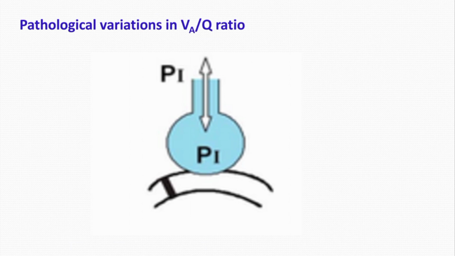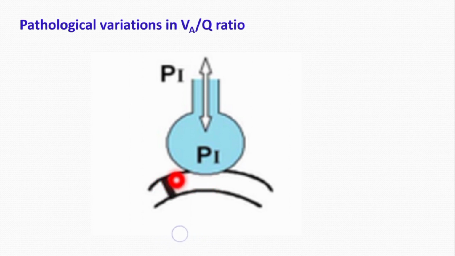Now we will talk about various pathological or diseased variations in the ventilation perfusion ratio. Now one scenario is that there is pulmonary thrombosis or embolism. Due to this condition, there will be no or zero blood flow and ventilation will be normal. As you can see here, ventilation in the alveoli is normal, but perfusion or blood flow is 0.